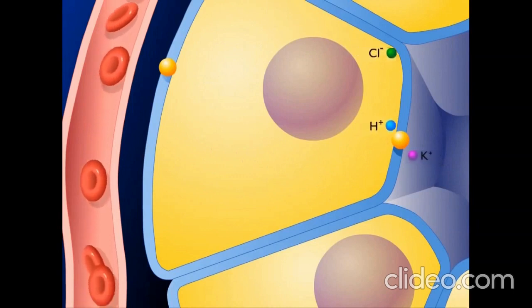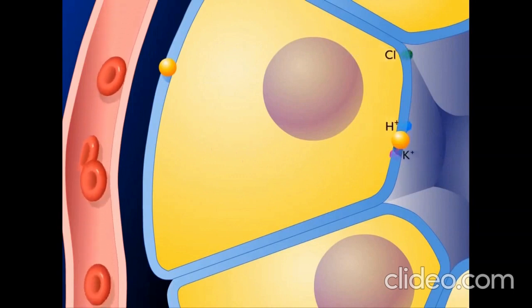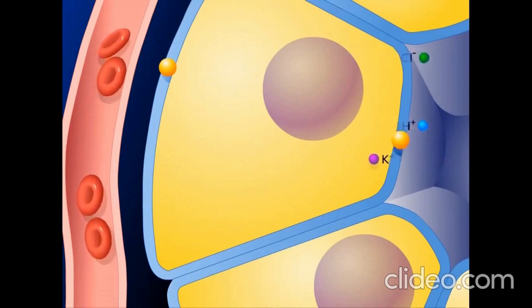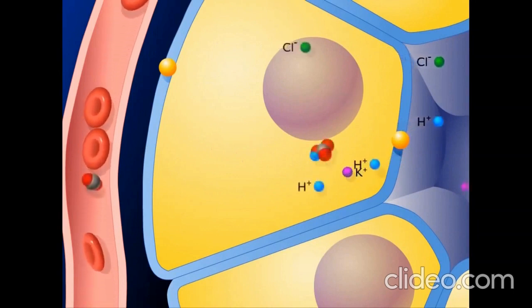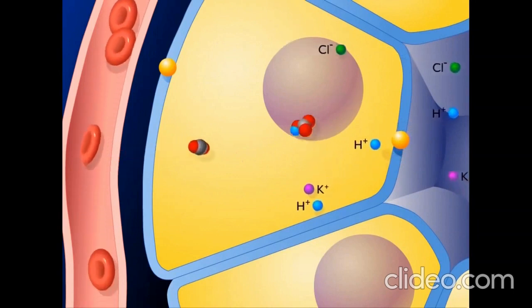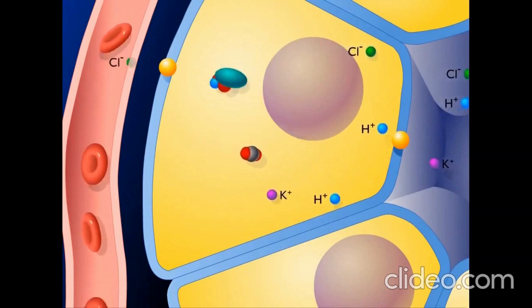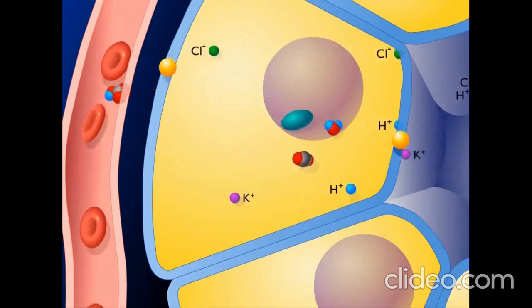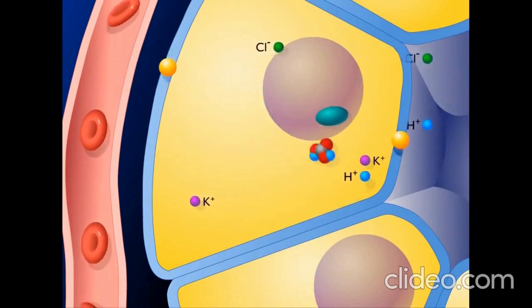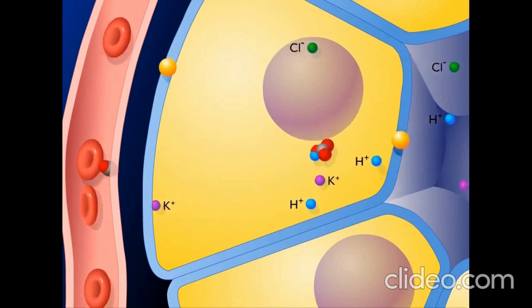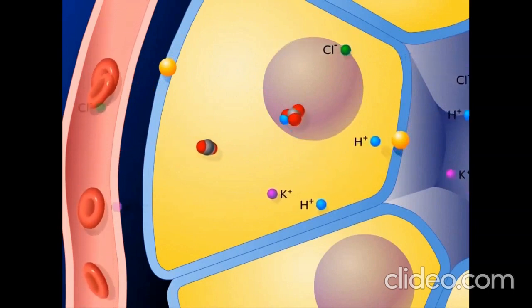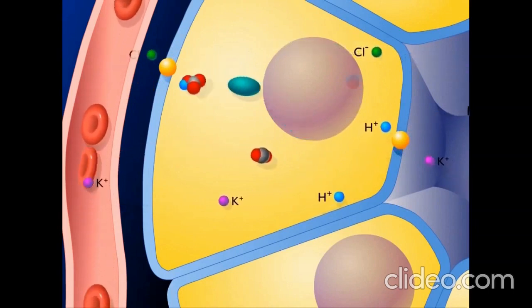The potassium ion is transported inside to exchange the hydrogen ion, and the net result is production of hydrochloric acid in the parietal cell and its secretion into the duct of the gastric gland. Here is the overall gastric acid production, or hydrochloric acid production.